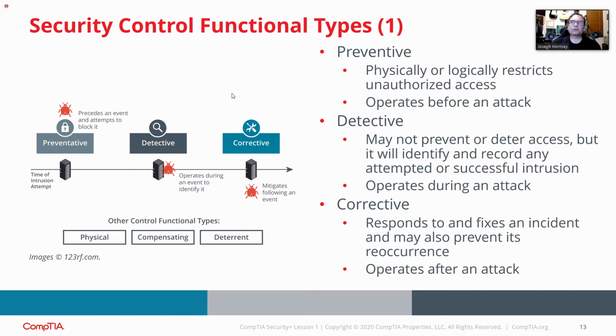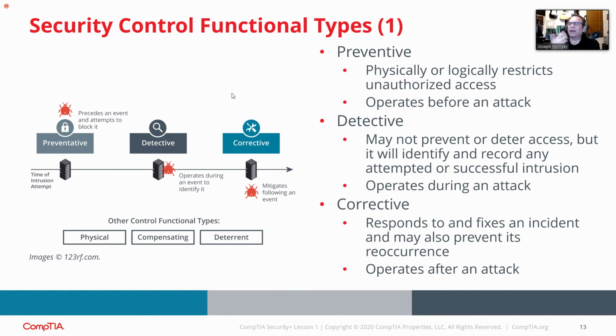A detective control is one that is operating during a security event. Its job is to basically identify that a security event is occurring and typically log it, record it some way. Hopefully, it will do some sort of alerting as well.